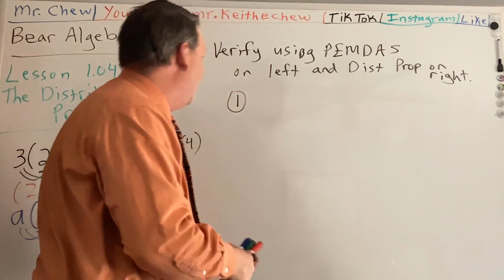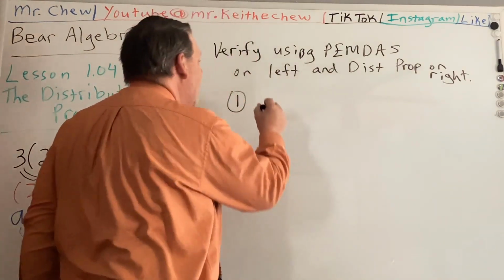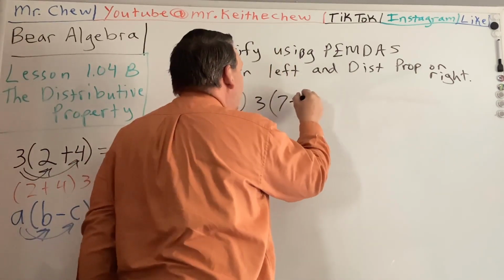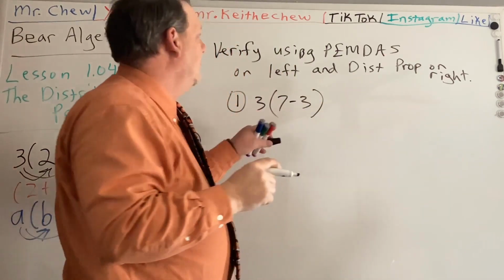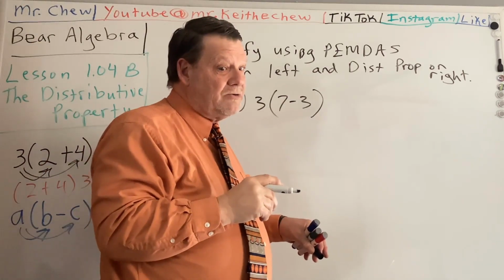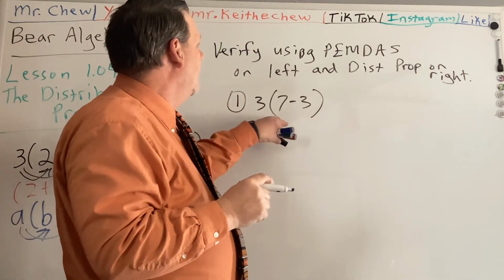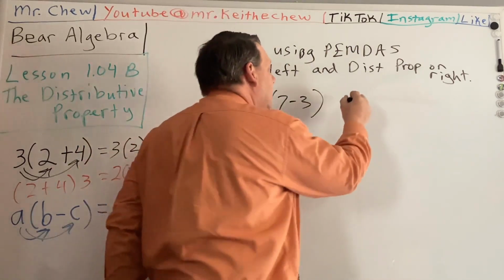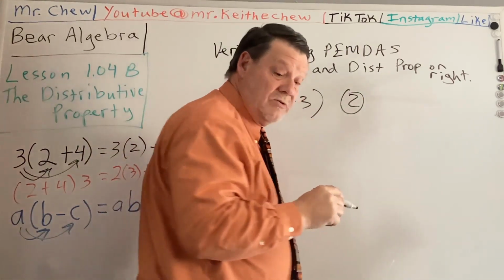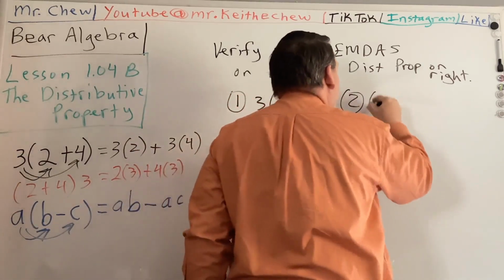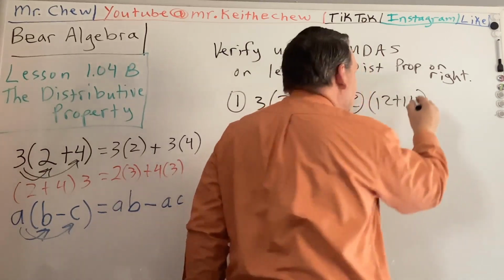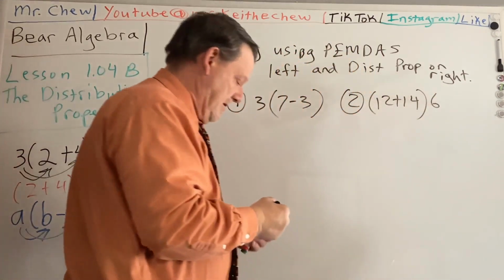That is Bear. So problem 1 is 3 times 7 minus 3. There's Bear still wanting you not to get all choked up. Use PEMDAS on the left, distributive property on the right to verify that the two sides are true. And then we have 12 plus 14 with a 6 on the outside.